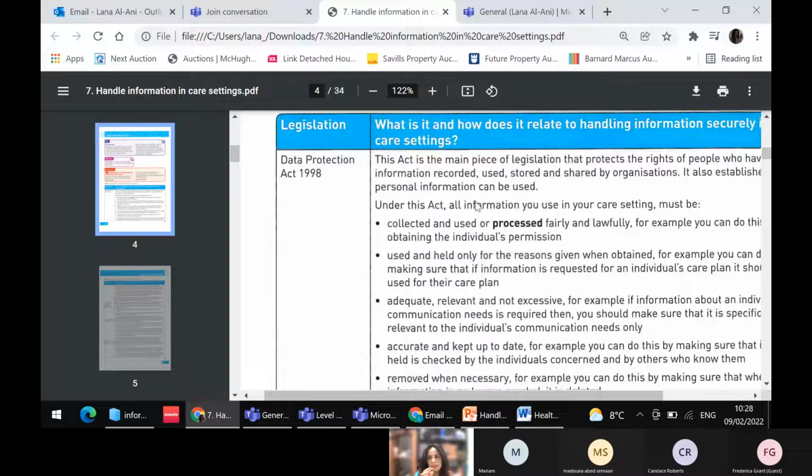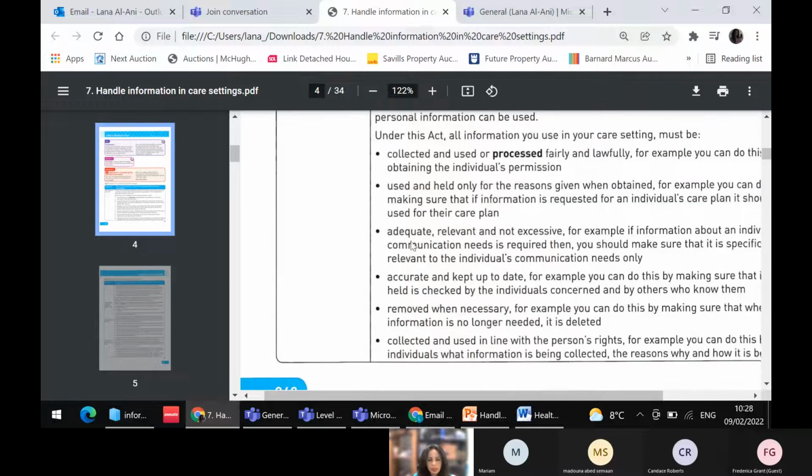If I was going to answer this question, I would say that under this data, all the information we collect in the care home need to be, number one, collected and processed fairly. Number two, the information need to be held for a reason, which is the care plan of the person, and also need to be accurate and relevant, not excessive. We don't hold lots of information about the person which we don't need.